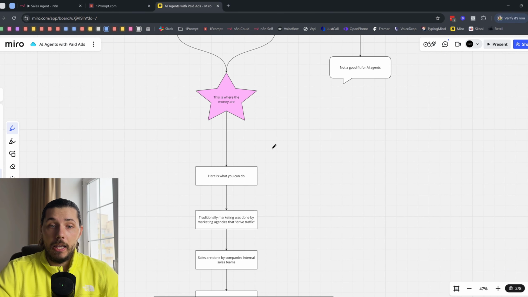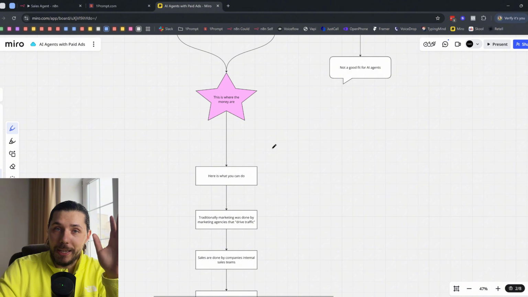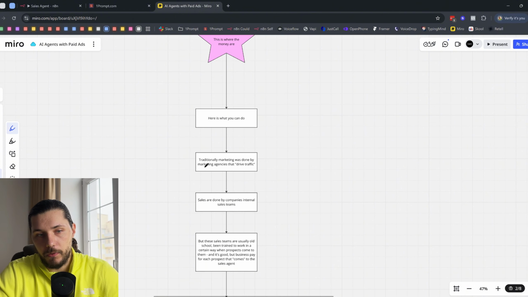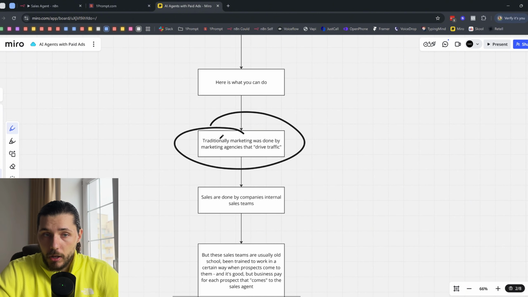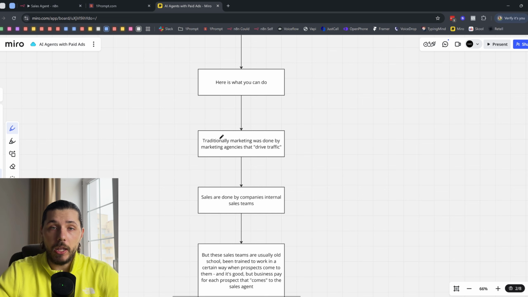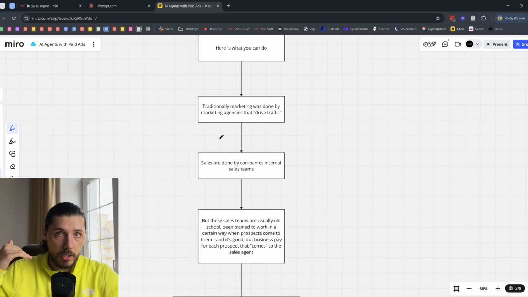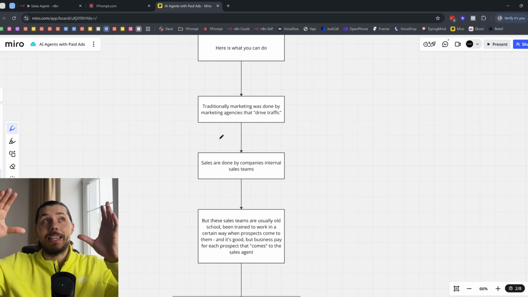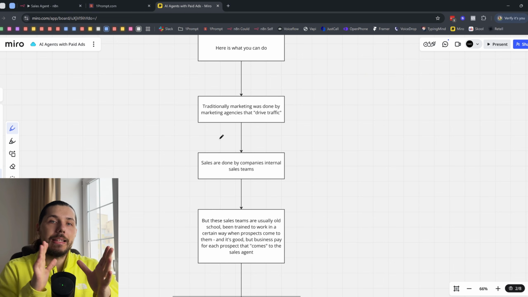So here is what we can do with all this information. Traditionally, marketing was done by marketing agencies, so they are driving traffic, right? Usually it's done externally.